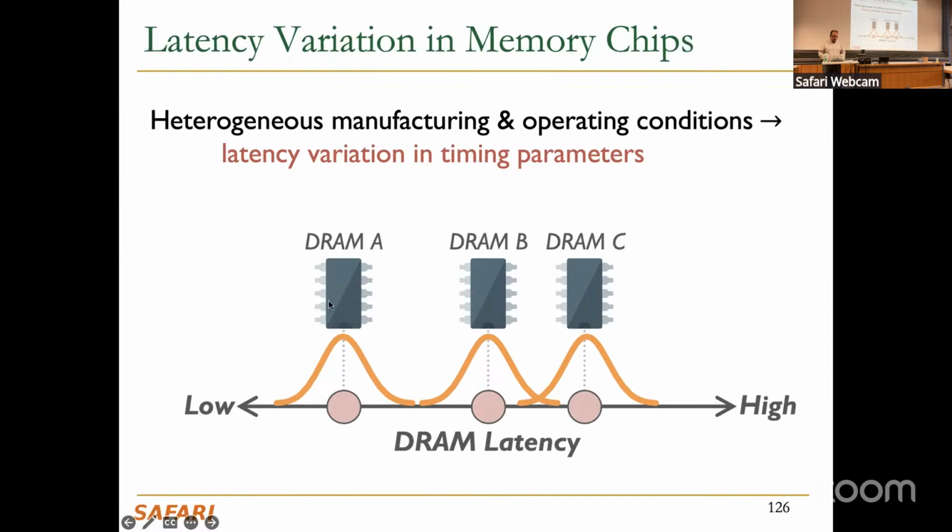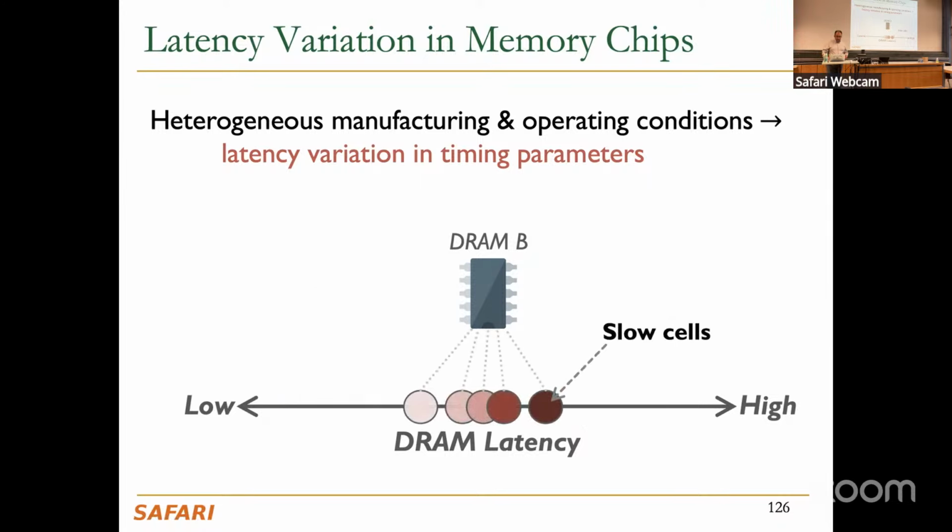And different DRAM chips can have different profiles. DRAM A can be around this low latency, DRAM B around this, and DRAM C here. And this is real. If you profile DRAM chips, you're going to see different latencies. Even within each DRAM chip, you're going to have different kinds of cells, with heterogeneity across them.